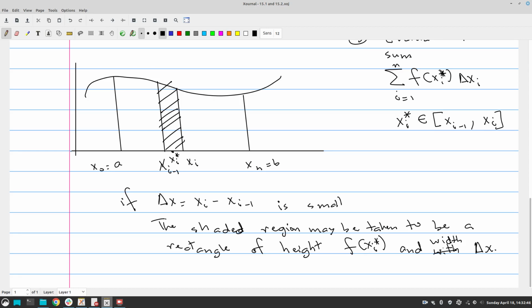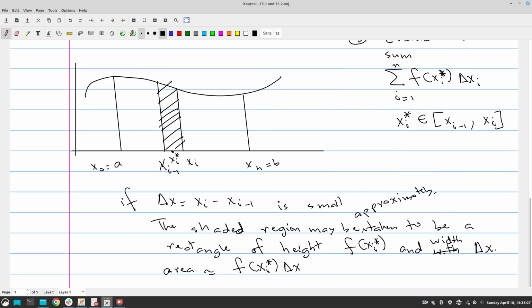Then the area is approximately equal to f of xi star delta x.